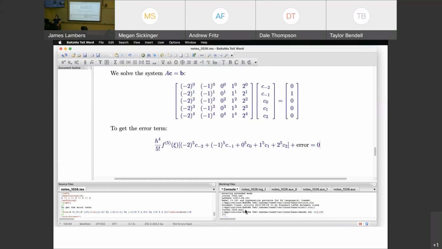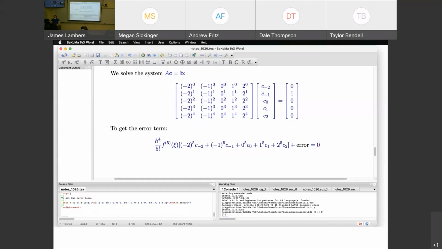So really the error is going to be minus all of this. Once we have these coefficients from solving this system of equations, we can substitute those coefficients in here and get the leading error term.